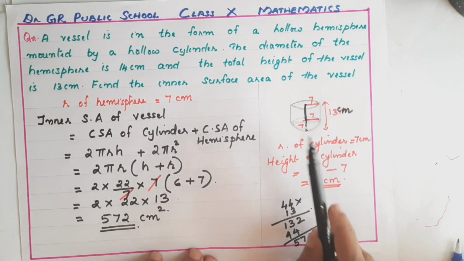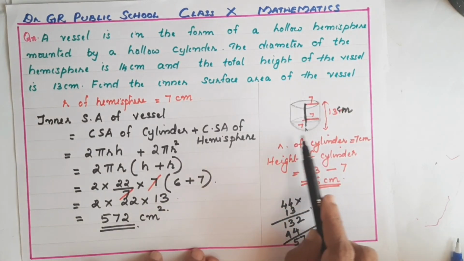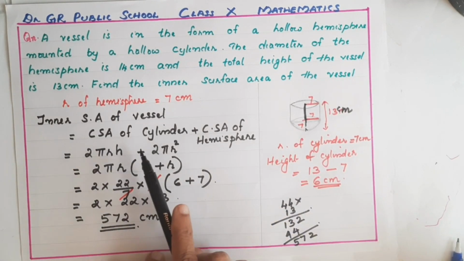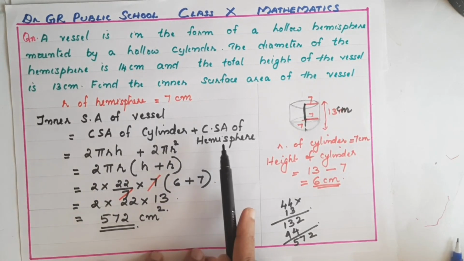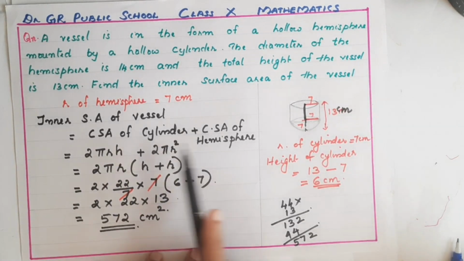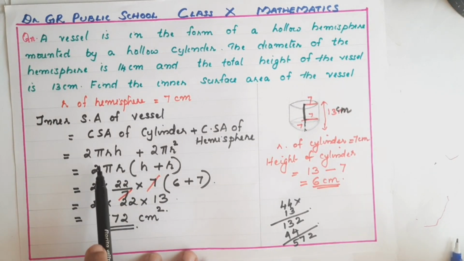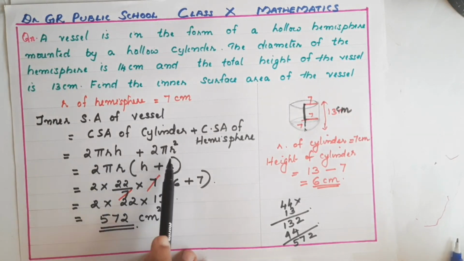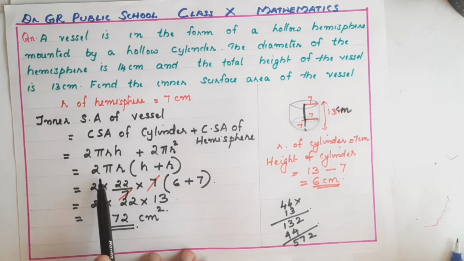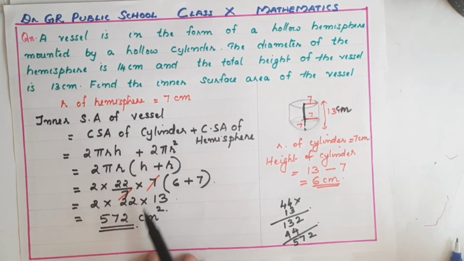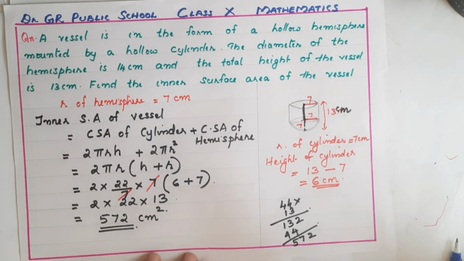Here we have to add the CSA of the cylinder and the CSA of the hemisphere. No need to do this separately. If you are doing it separately, the calculation will be tough. If you write it together, we can take the common factor outside and the calculation will be easy for you. Okay, did you understand?